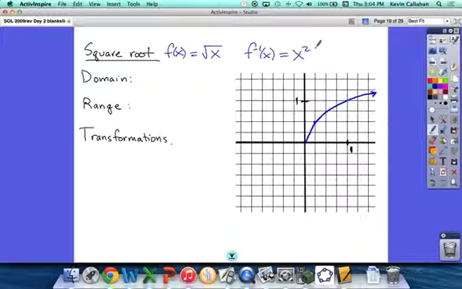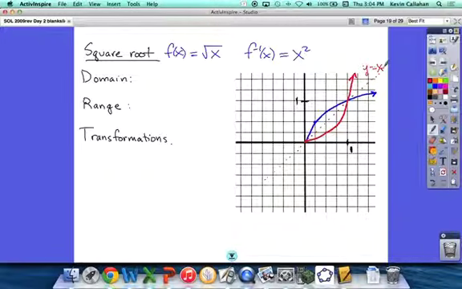And a function and its inverse should look like they're flips across the line y equals x, the identity function. So if I draw the parabola, something like that. Those two lines should look like they are flipped across the line y equals x.